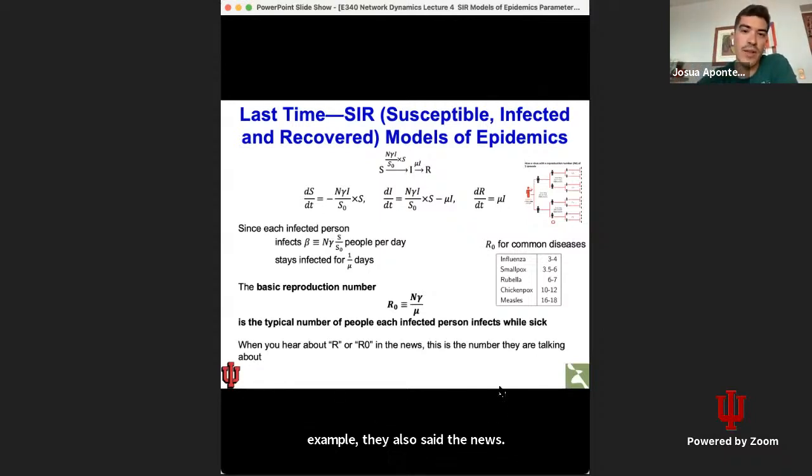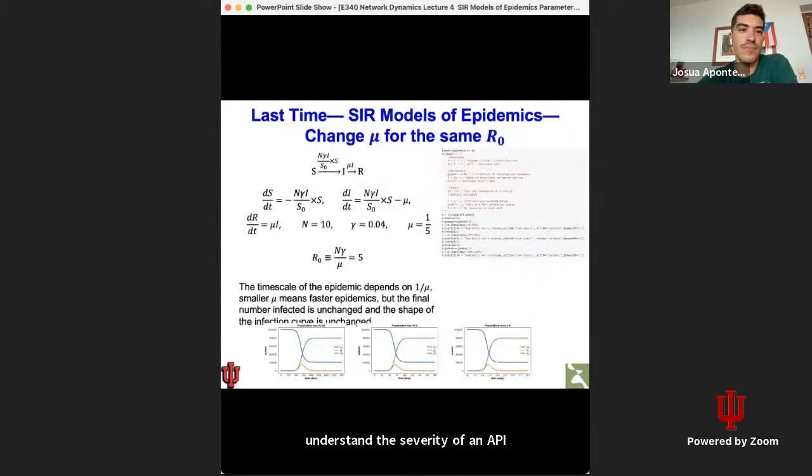So yeah, you can get a sense of how actual mathematical modeling can help you understand the severity of an epidemic. Then last time we also looked at how changing certain parameters of the model changes the outcomes of the infection.